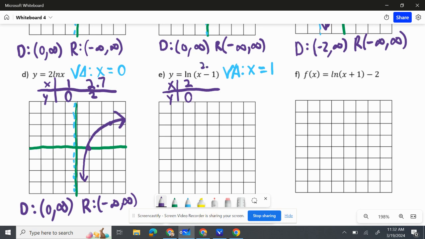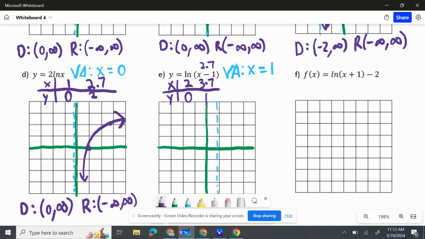What gives us the 2.7? Well, that would be 3.7. 3.7 minus 1 is 2.7. Natural log of 2.7 would be 1. So when we plot this, we have our vertical asymptote at 1.